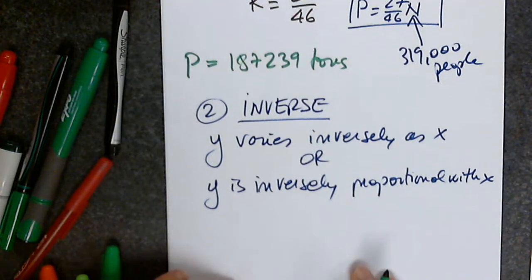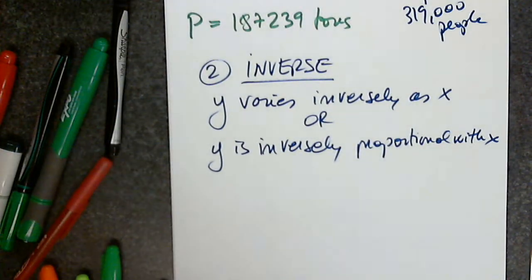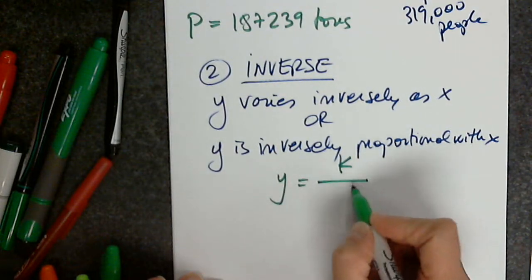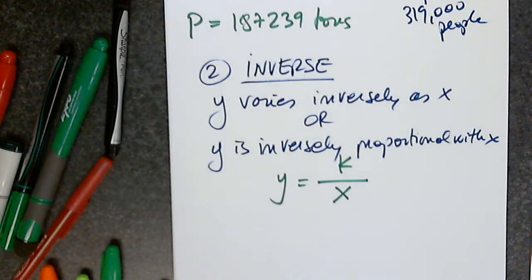So the mathematical relationship cannot be on the same line. It's going to be y equals k divided by x. If I increase x, I diminish y. If I decrease x, I increase y. Let's look at a problem on the same page.